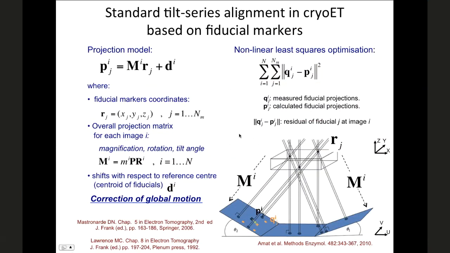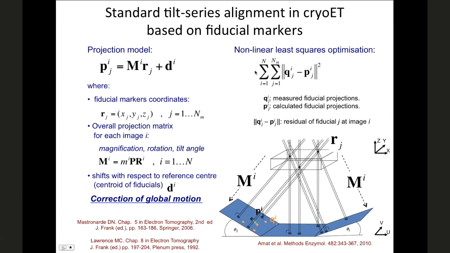The alignment is formulated as a nonlinear least squares optimization and tries to determine the 3D coordinates of the fiducials and the image parameters so that this error function is minimized.